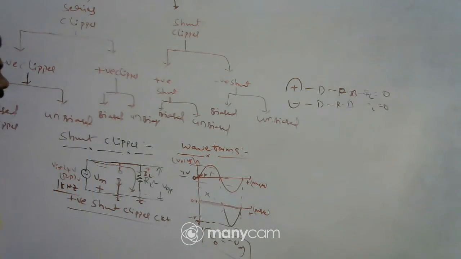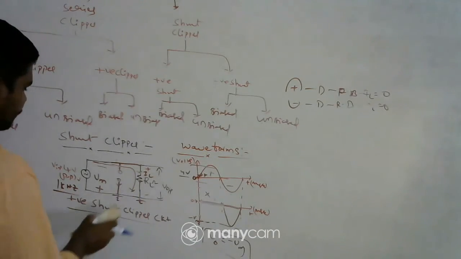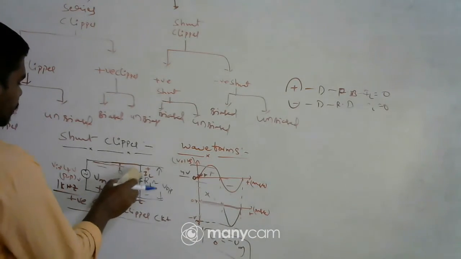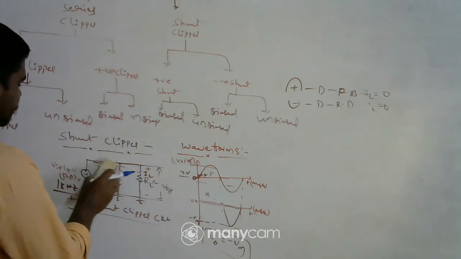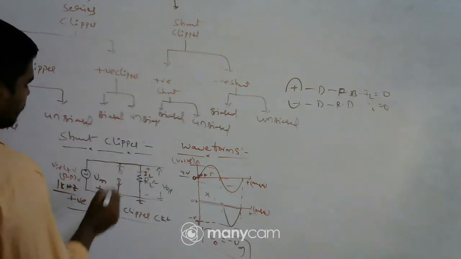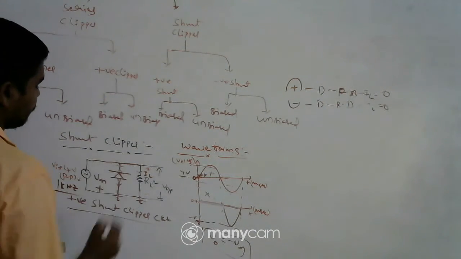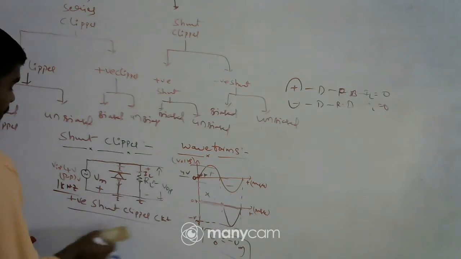Then similarly, for the negative shunt clipper, we have to change the diode direction. So this one is a negative shunt clipper.